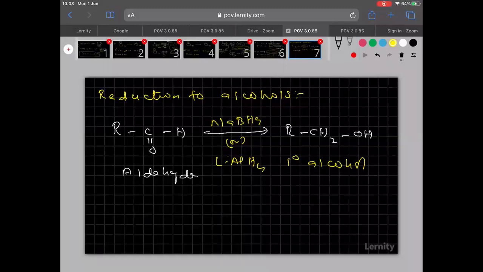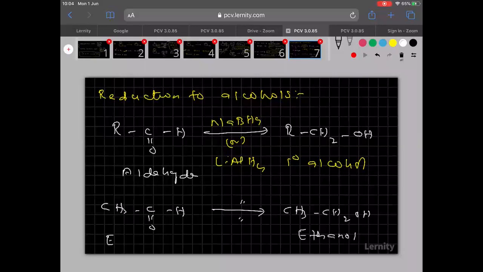Followed everyone? Let us take one example to make you understand well. CH3CHO, ethanal. When ethanal undergoes reduction with lithium aluminium hydride, what is the product formed? Tell me. CH3CH2OH. What is the name of this one? The name of the product is ethanol.